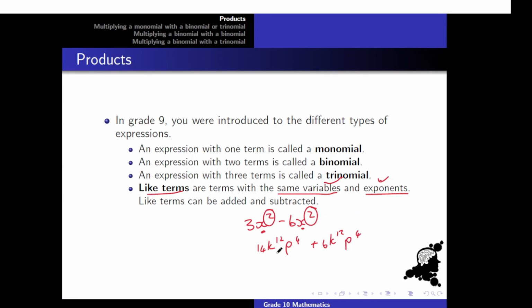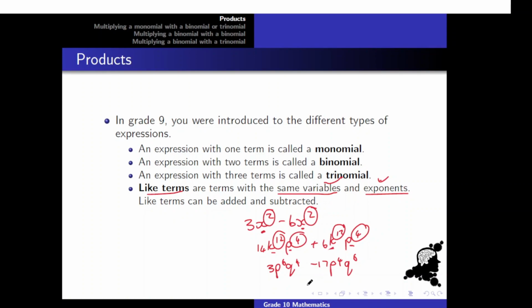Why? Because we've got the same variables k and p, and each of these variables have the same exponents. k has an exponent of 12, k has an exponent of 12, p has an exponent of 4, p has an exponent of 4. I hope that this makes sense. If I could have something like, let's say, 3p to the power 6 q to the power 4 minus 17p to the power 4 q to the power 6.